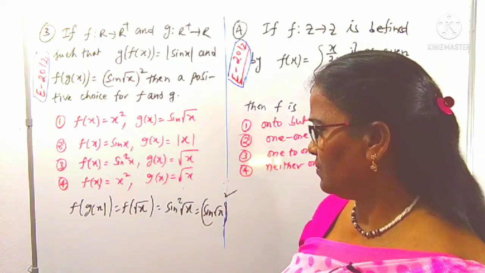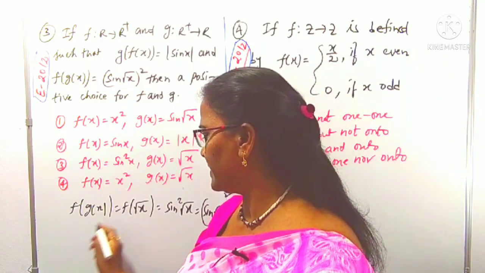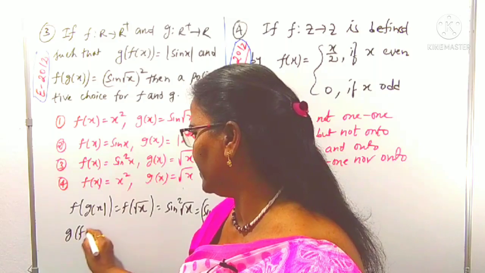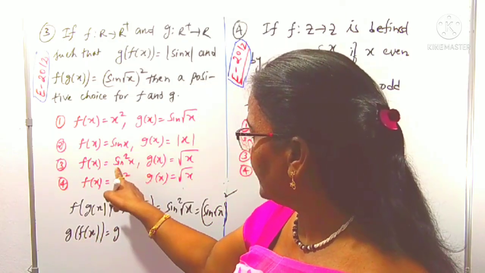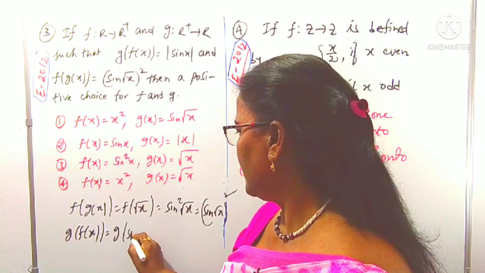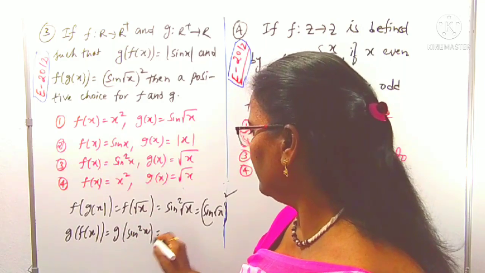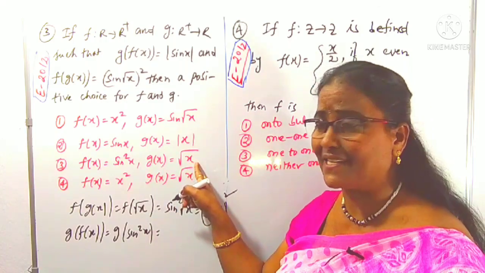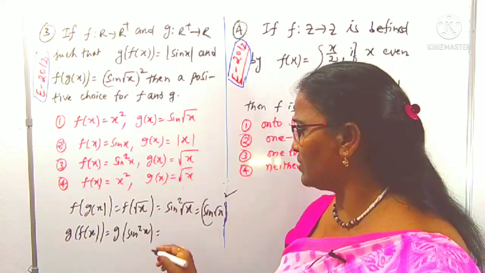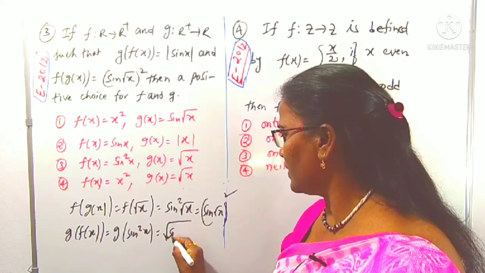Yes, it is correct. Now in reverse, f of g of x is over. Now we have to verify g of f of x. Here f of x is sine square x, and you substitute it in the g of x function. G of x is root x, so this is root over sine square x.